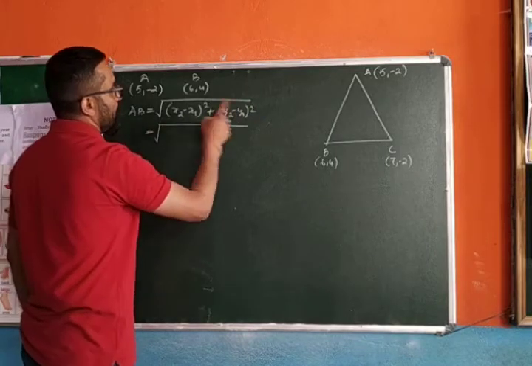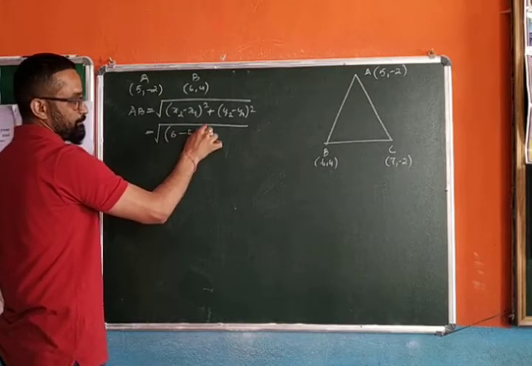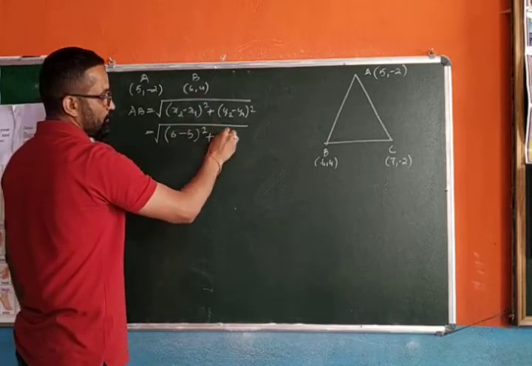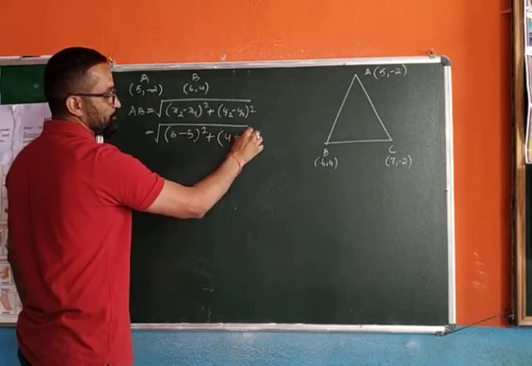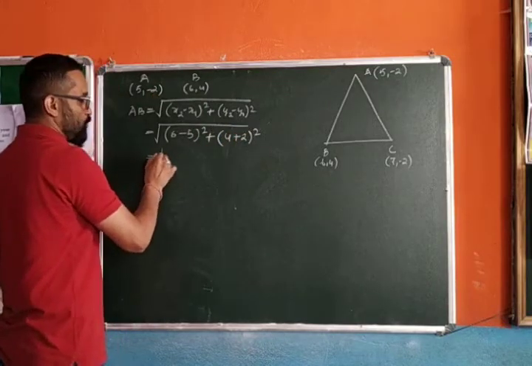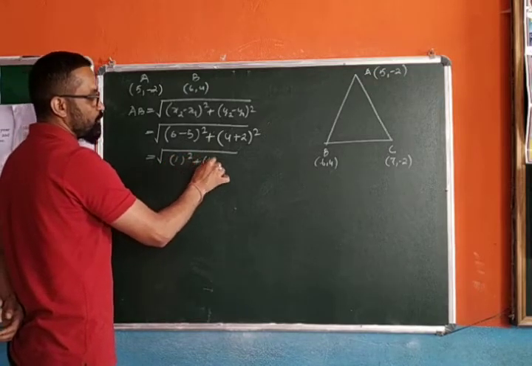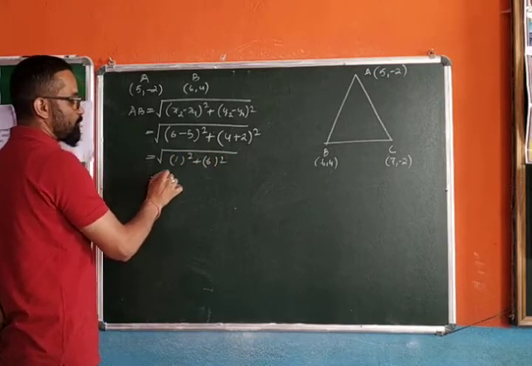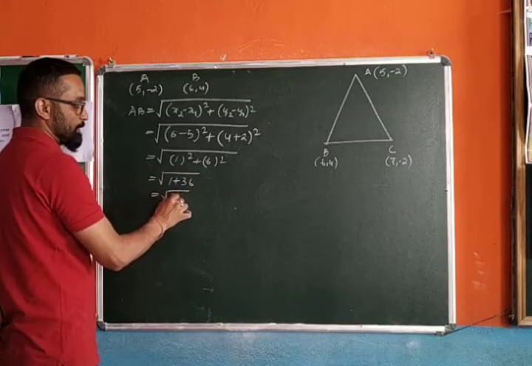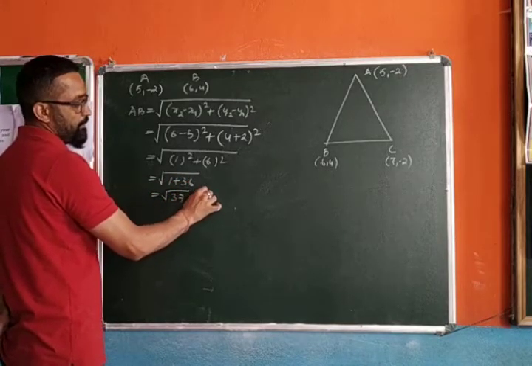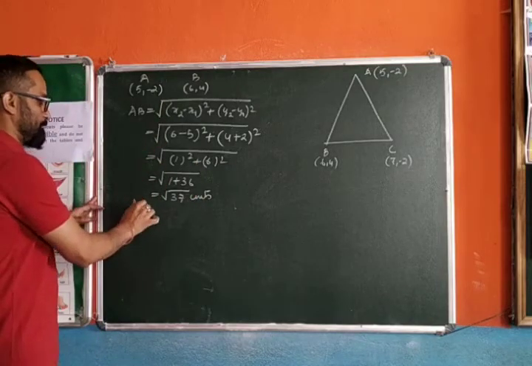Substitution. x2 is 6 minus 5 whole square. 4 minus sign of the formula -2 means +2. Root, you get 1 whole square plus 6 whole square. 1 square is 1 plus 36, which is equals to root 37 units. Leave it like this.